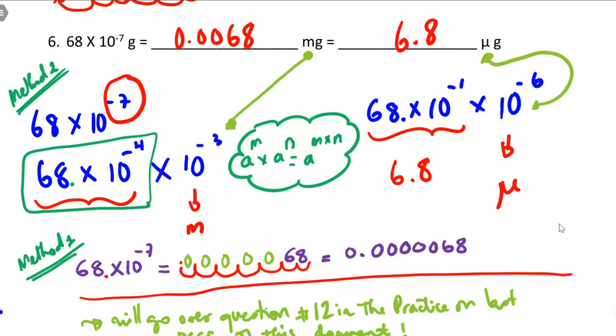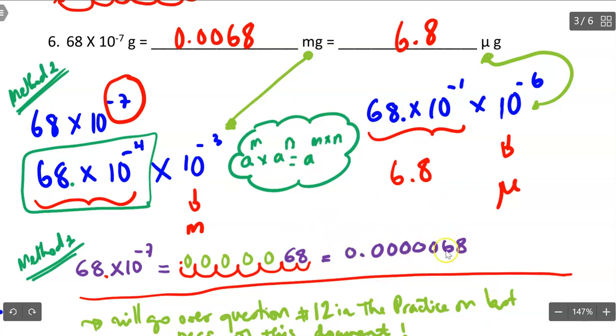Okay, so this is the decimal notation for this number, 68 times 10 to the negative 7. And now, having the decimal point, you can go ahead and move this decimal point to where you want to move. Okay, so if you don't want to work with the exponent, you can just go ahead and use this method.